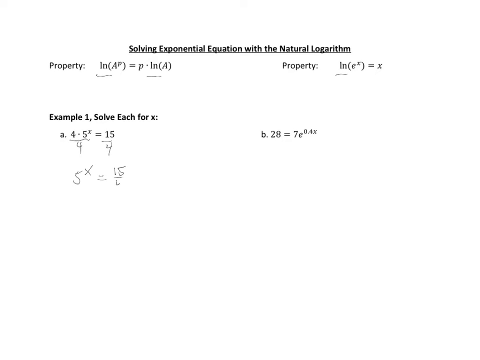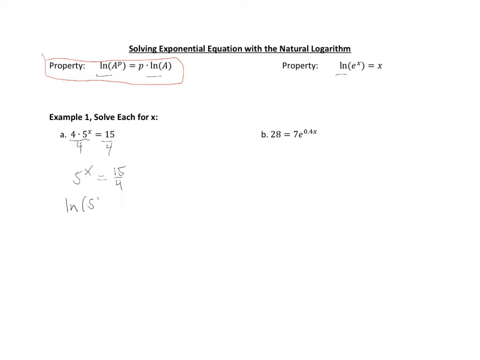We're going to leave that as 15 over 4 for now, since 4 does not divide in evenly. And then we're going to use this property here. So algebraically speaking, we know as long as we do something to one side and we do it to the other side, the equation stays equal. So what we're going to do is actually take the natural log of each side.